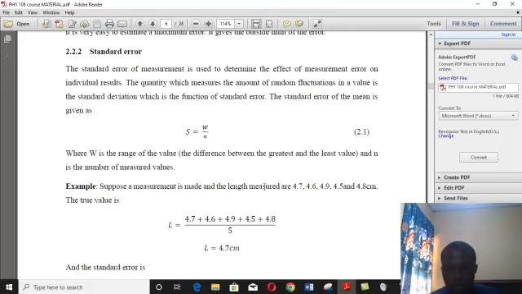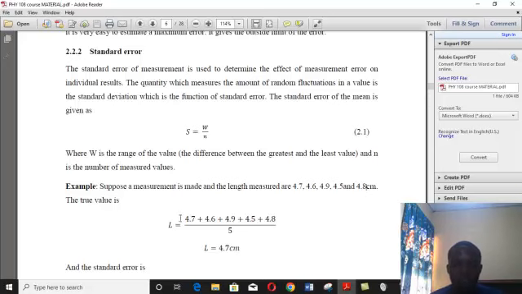Suppose a measurement is made and the lengths measured are 4.7, 4.6, 4.9, 4.5 and 4.8 centimeters respectively. Now you're able to calculate the error. These are the lengths that were measured. Now I want to calculate the true value.